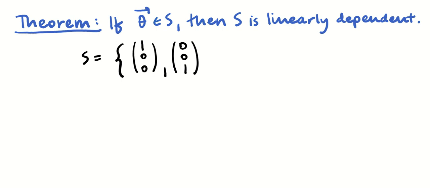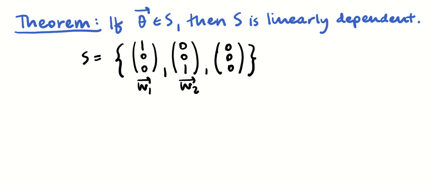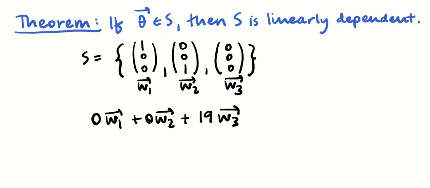But if I went over here and added in a 0 vector, and called these W1, W2, and W3, then I could take 0 of W1 and 0 of W2 and any number of W3 besides 0, so maybe like 19 W3s, and that will be 0.